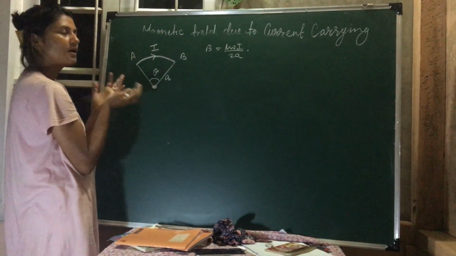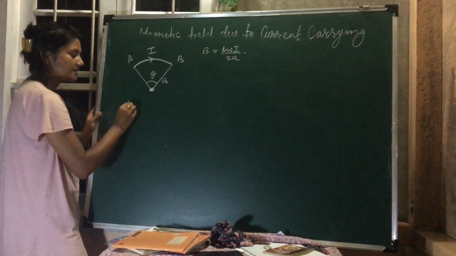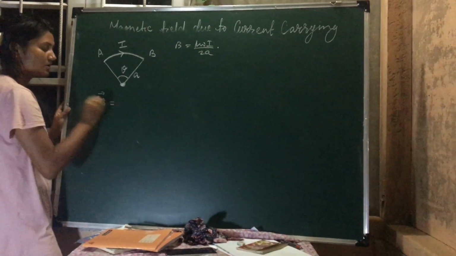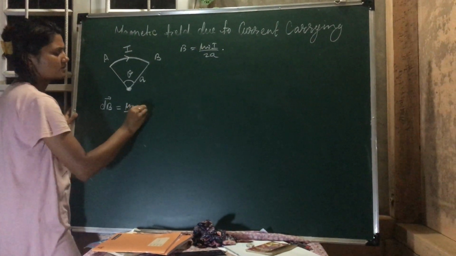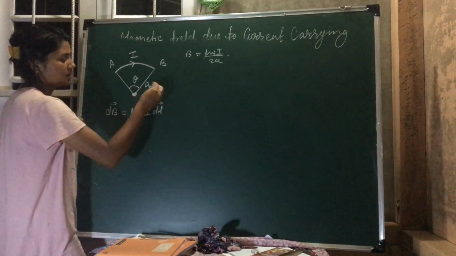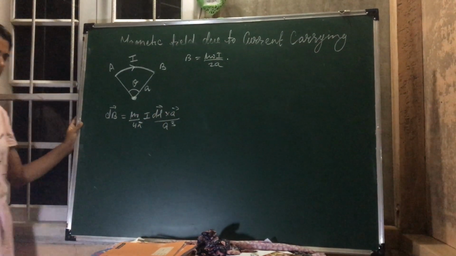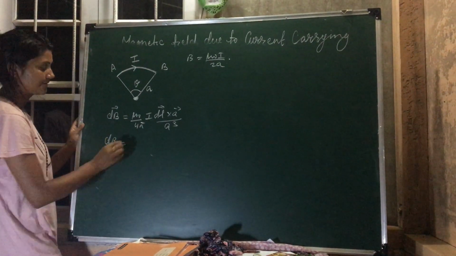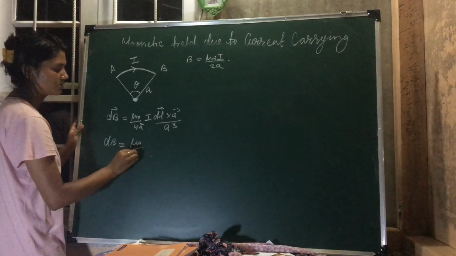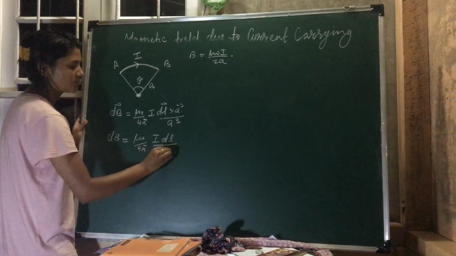We have to use the Biot-Savart law again, because magnetic field can be found only by means of the Biot-Savart law. So let me write the Biot-Savart law again. dB vector is equal to mu 0 by 4 pi, I dl cross r by r cube. The magnitude is mu 0 by 4 pi, I dl by A square.